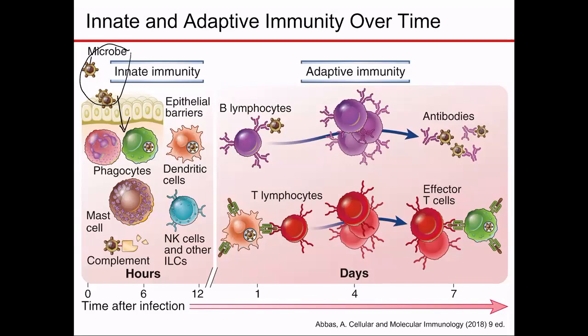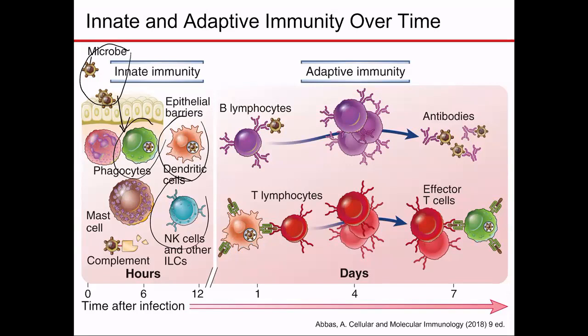These cells that are expressing the pattern recognition receptors could be macrophages, dendritic cells, natural killer cells, epithelial cells, different cells that you already know express these pattern recognition receptors.